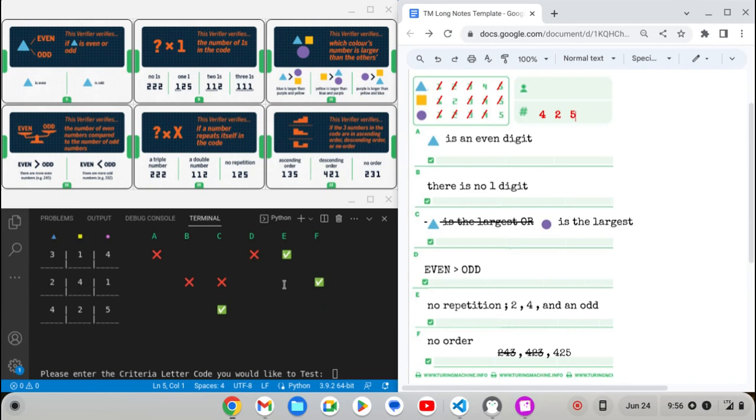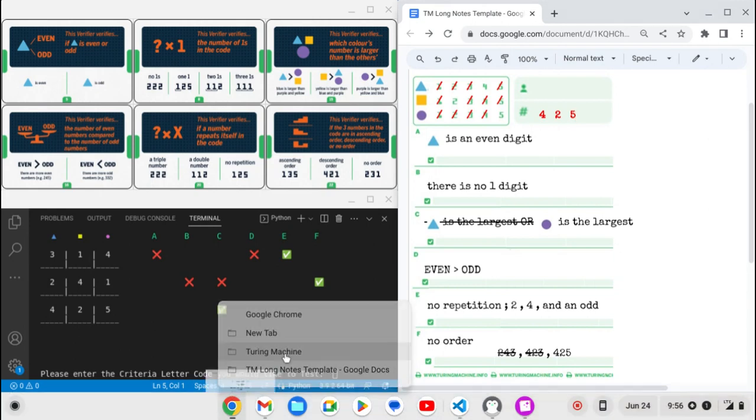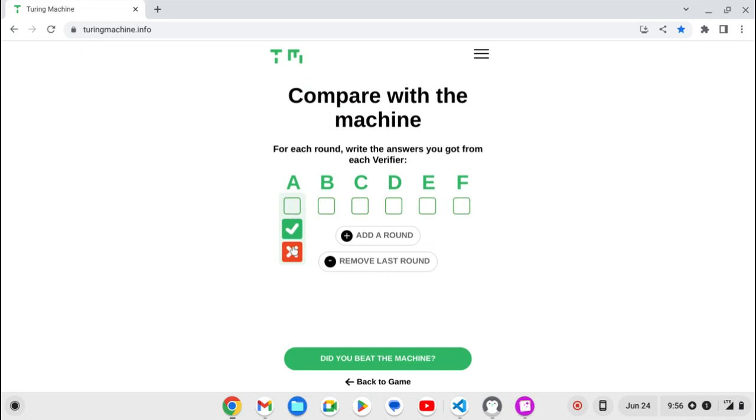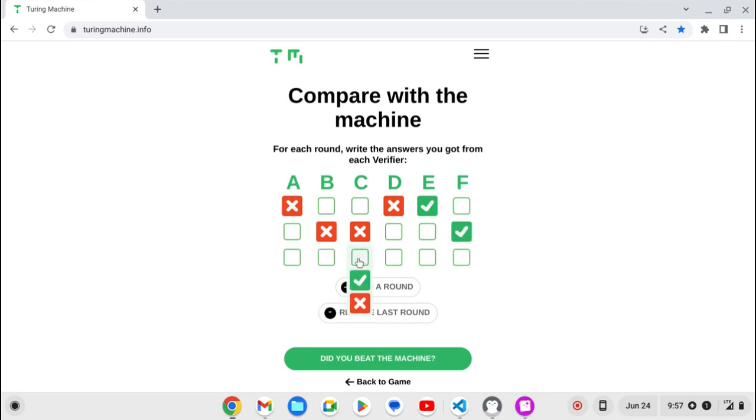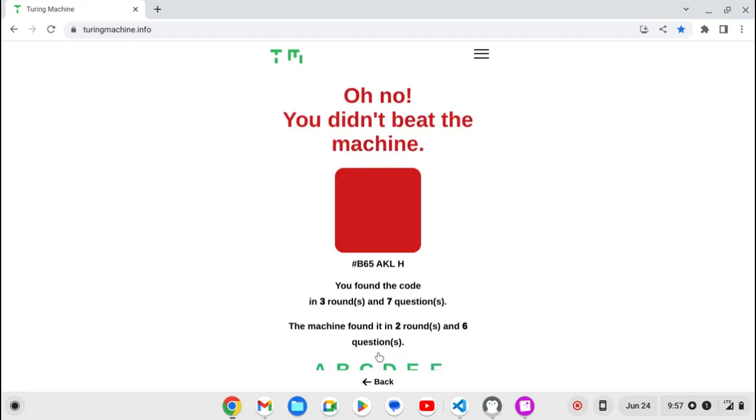So ADE, and then we did C twice. And then we did the other two twice. And again, first two were wrong, and then F was correct, and then we did C a second time, and that was correct.